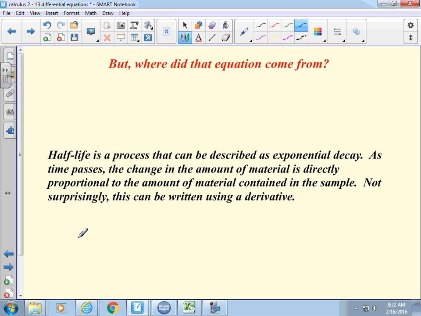So the rate of change in the amount of material, which I would call dy over dt, is directly proportional to the amount of material. Well, if y is the amount of material, then it's directly proportional to that. So I can write it as a constant times y.